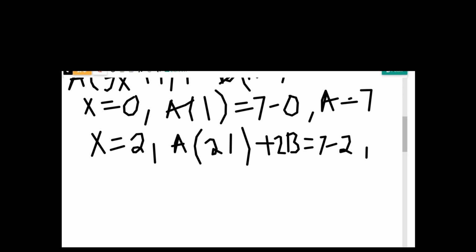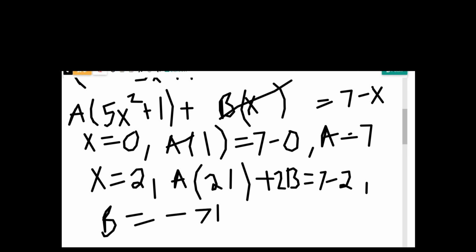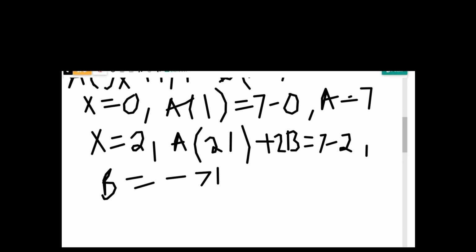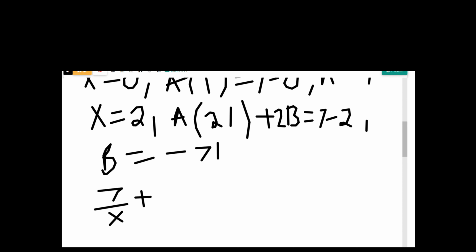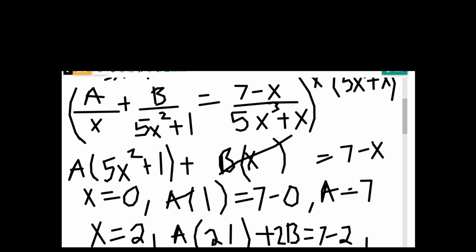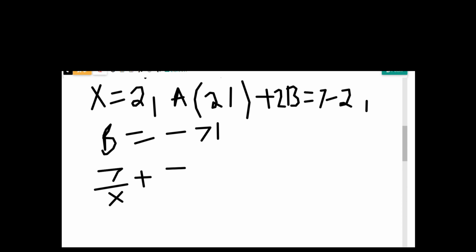When we plug in 7 for a and use the calculator, we get b equals negative 71. So that will be our answer for b. Now let's scroll up to see what our form was. Okay, so it will be 7 over x plus negative 71 over 5x squared plus 1.